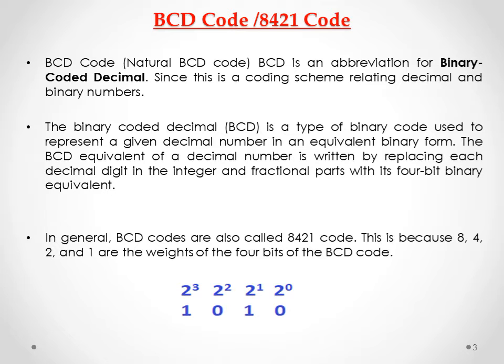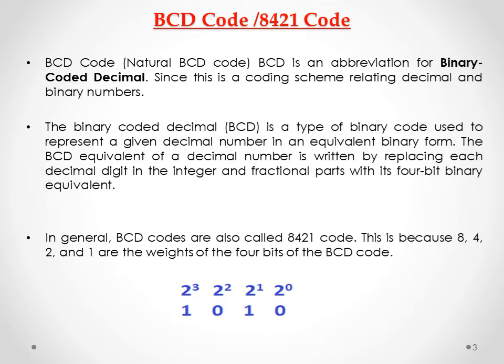First, let's see about BCD code, or otherwise we can call it 8421 code. BCD is an abbreviation of binary coded decimal. That is a coding scheme relating decimal and binary numbers. This BCD is a type of binary code used to represent a given decimal number in an equivalent binary form.